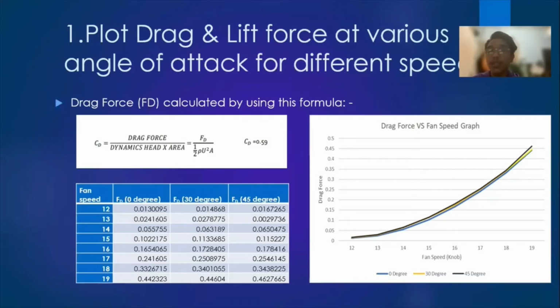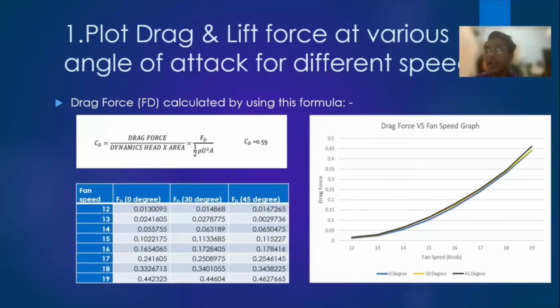We use the formula CD equals drag force over dynamic head multiplied by area. CD is a constant, which is 0.59. So when we put the data in this formula, we can get the FD for 0 degree, 30 degree, and 45 degree. After we calculate the data, we plot the graph.